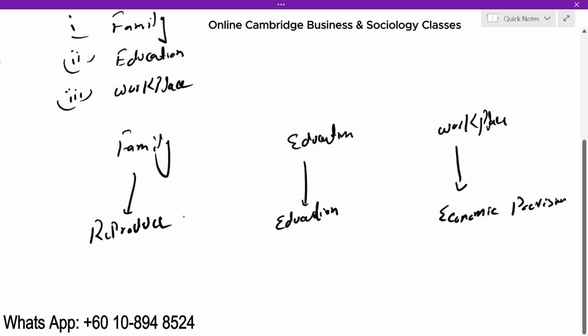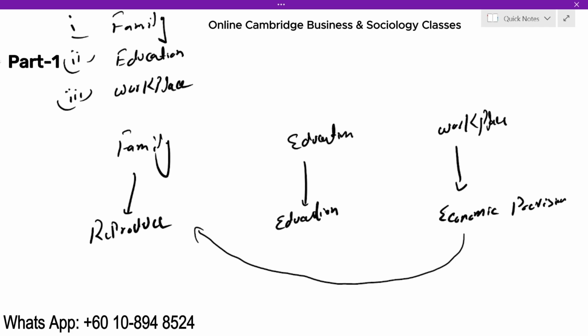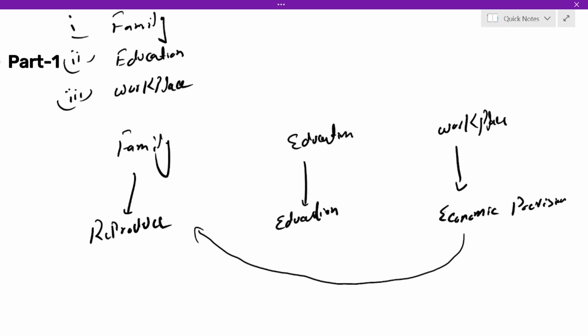Family reproduces, they go into the schools, get some education, and then on the basis of that education, they go into the workplace and get some economic provision. Economic provision again supports the family, and the family again reproduces. They go into education and again into the workplace. So that becomes a life cycle, a proper chain.